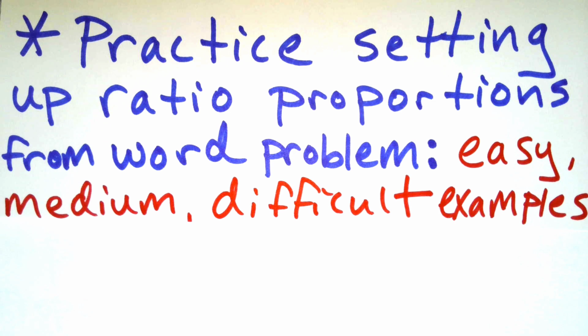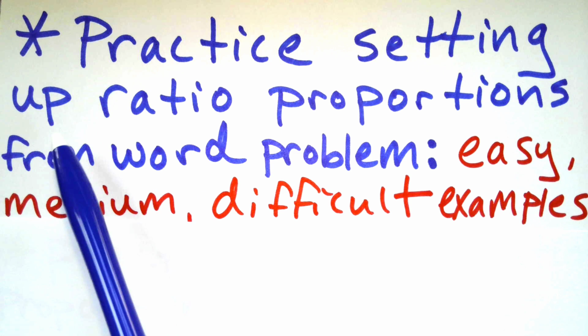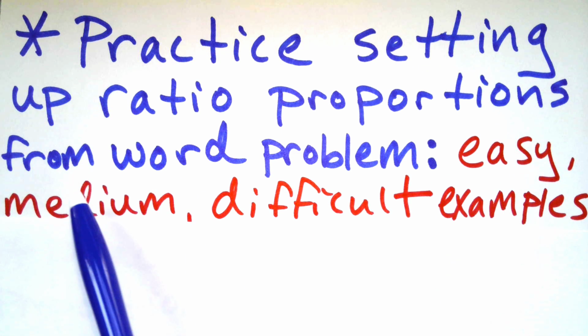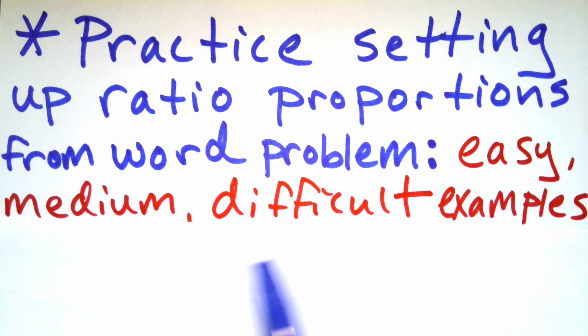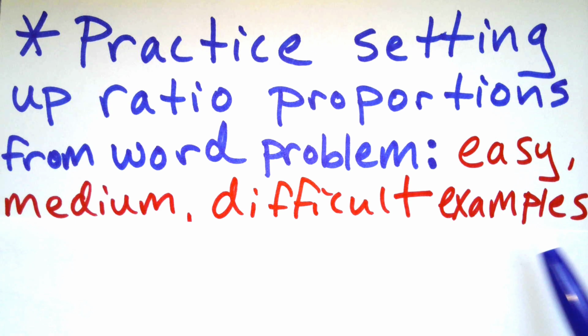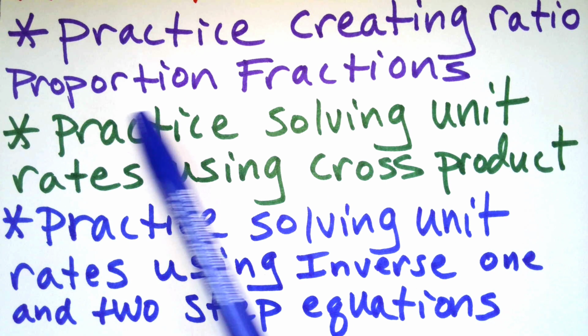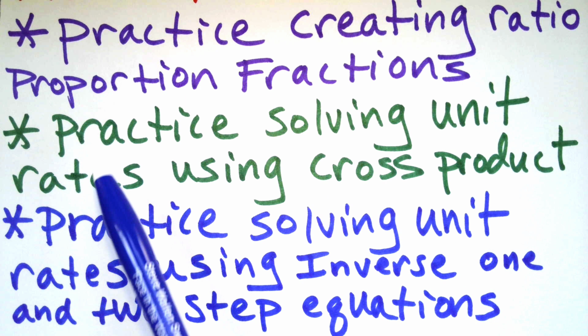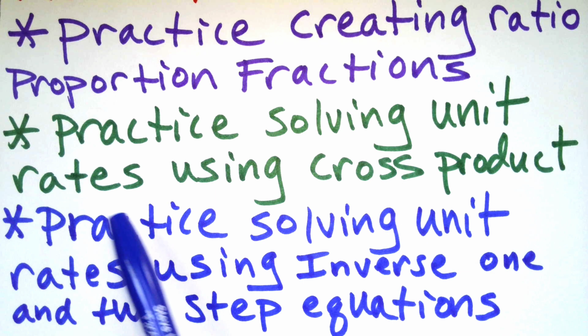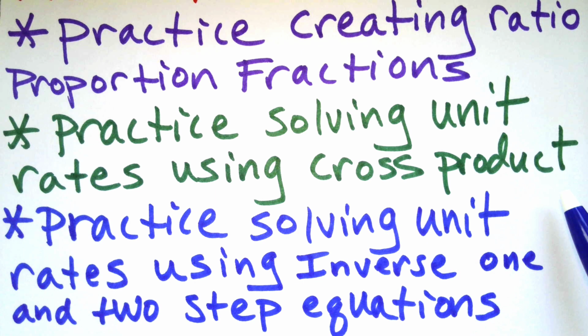All right, so practice setting up ratio proportions from word problems. Easy, medium, and difficult examples. All right, practice creating ratio proportion fractions. Practice solving unit rates using cross product.